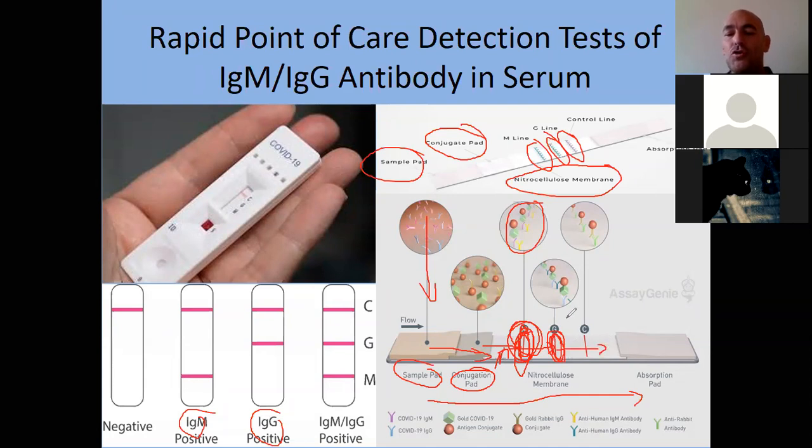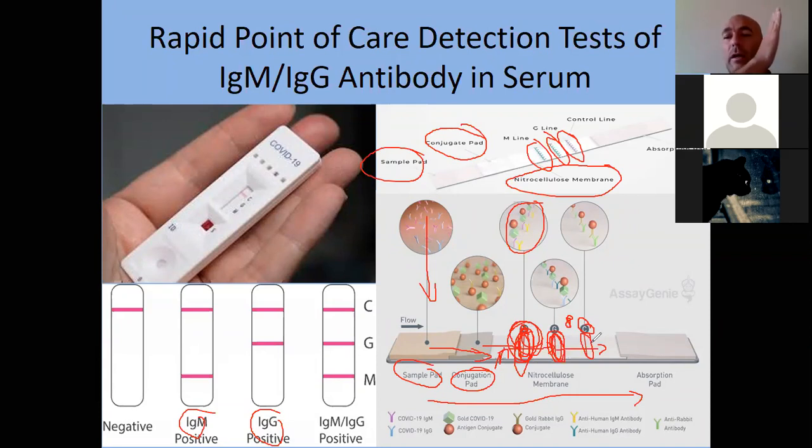And of course, the control antibody that did not bind to any of these IgM and IgG antibodies will bind now to the control. And now you have a change of color, okay? So it's 3 steps.